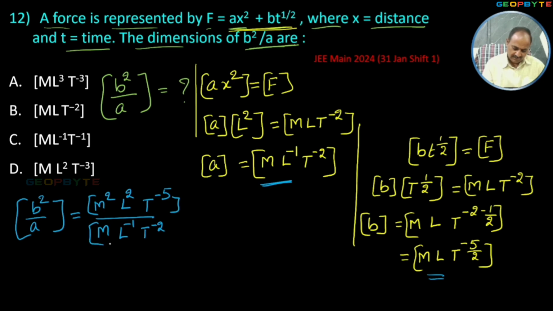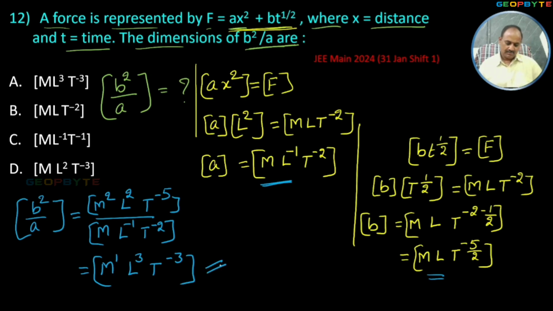Simplify this part for getting the answer. It gives M power 1 L power 3 t power minus 3. So this is the dimensional formula for B squared by A.